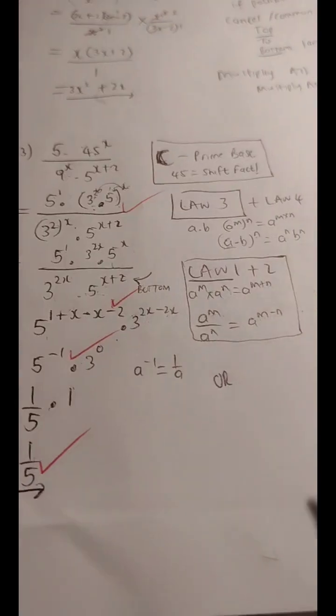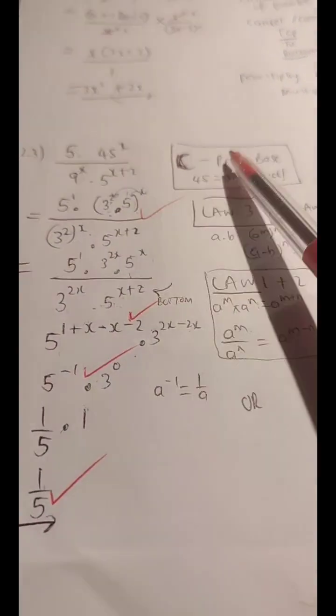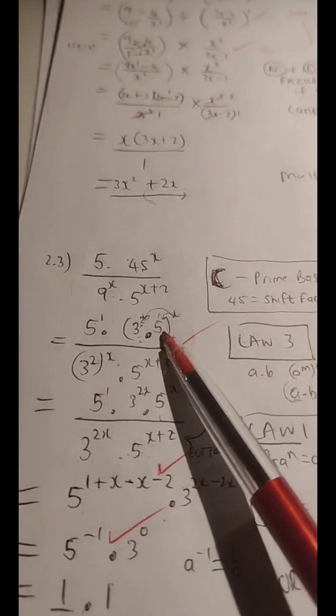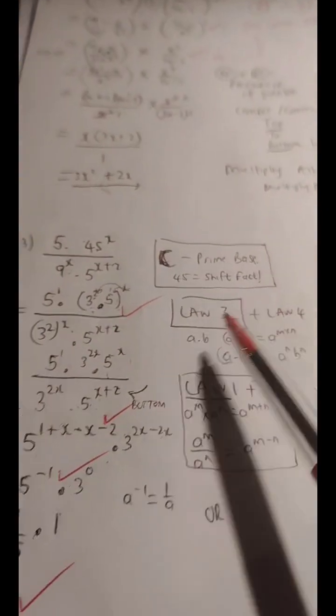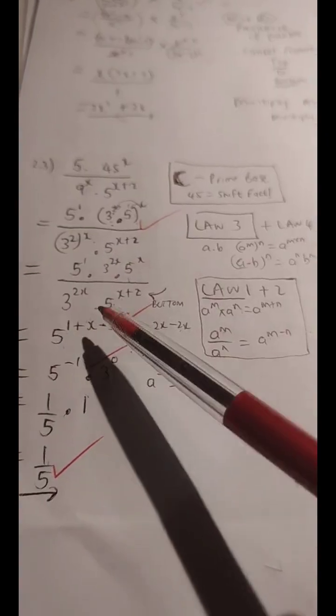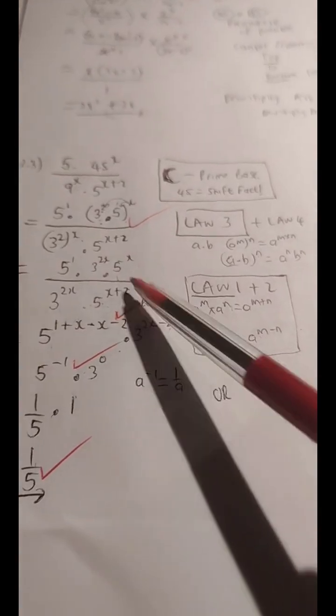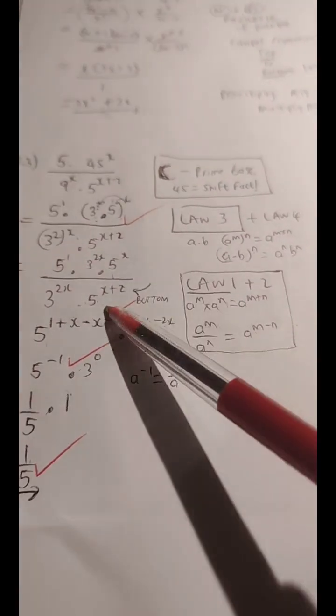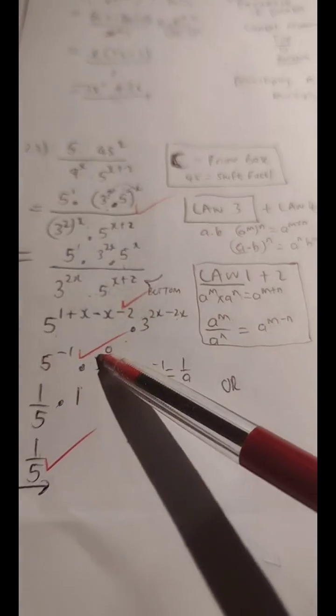Then exponential expressions, guys. Changing composite to prime bases and putting in brackets, then distributing using law number 3 and 4, law number 1 and 2. Same bases you add when you are multiplying the exponents, but when they are coming from the bottom, the sign of the exponents changes.